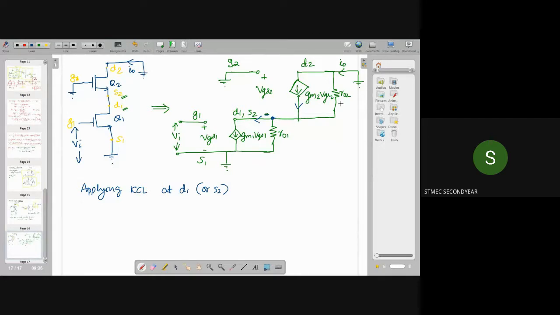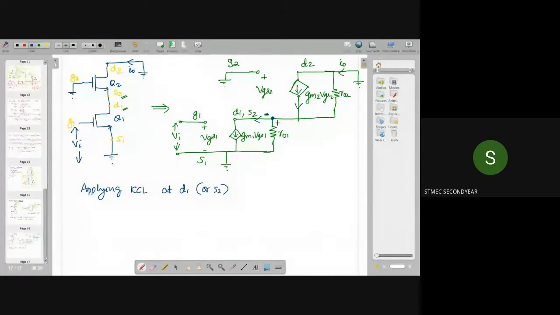And you have two resistors also connected to this terminal, R01 and R02. Both are between this point and ground. At this point, the voltage is VGS2.